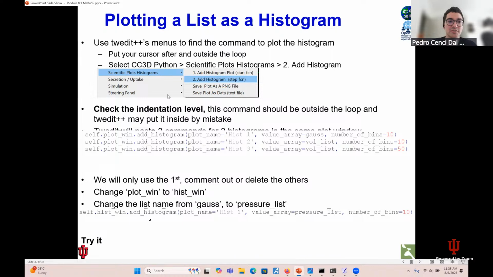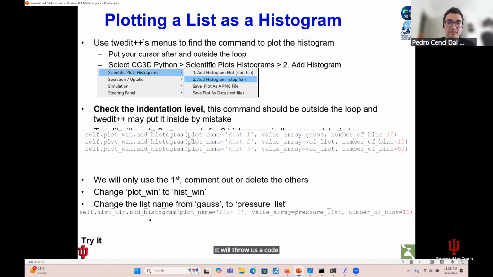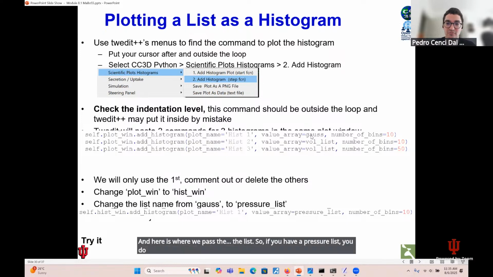In the step function, same thing, we go to scientific plots, histograms, and then we add the histogram step function. It will give us code that we put in the step function. And here is where we pass the list. So if you have a pressure list, you do value array equals pressure list.